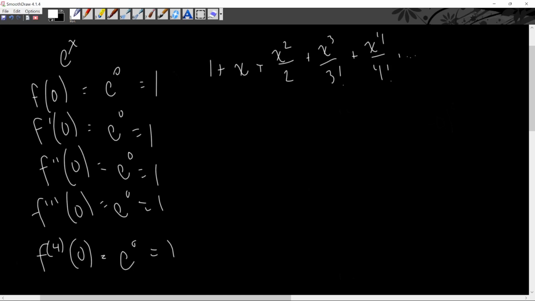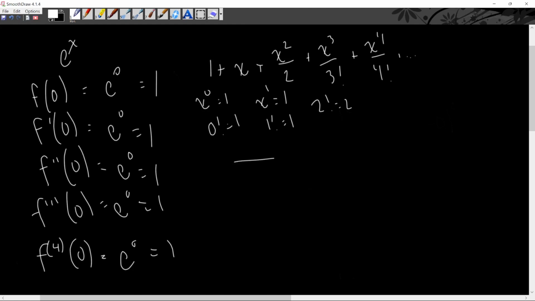For this one, x to the 0 is equal to 1, 0 factorial is equal to 1, x to the 1 is x, and 1 factorial is 1. I think this one's probably simpler to come up with a general term for yourself, but if you want to pause and think about it, you obviously can.